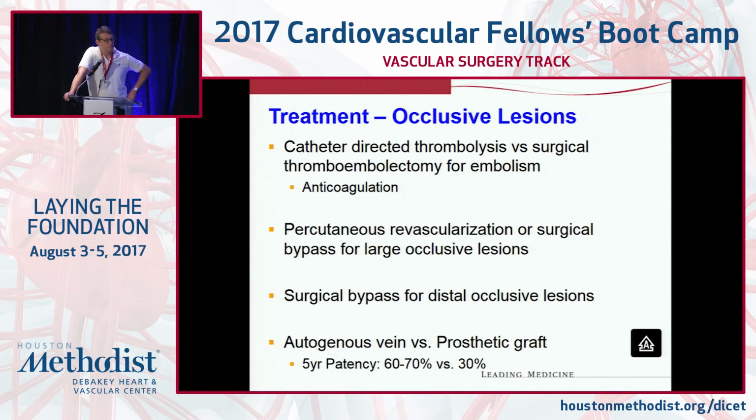So, what are your treatment options if in fact you do have occlusive lesions of the major arteries? Well, first, for acute arterial embolus, you have the typical two options: either catheter-directed thrombolysis or surgical thromboembolectomy. And I think in most cases surgery will probably be the treatment of choice.